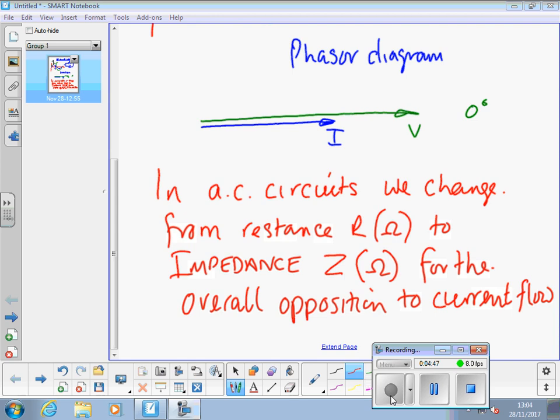Yeah, so that's what resistance is in a DC circuit. It's the opposition to current flow, the restriction to current flow. In an AC circuit, we'd refer to that as impedance to be technically correct.